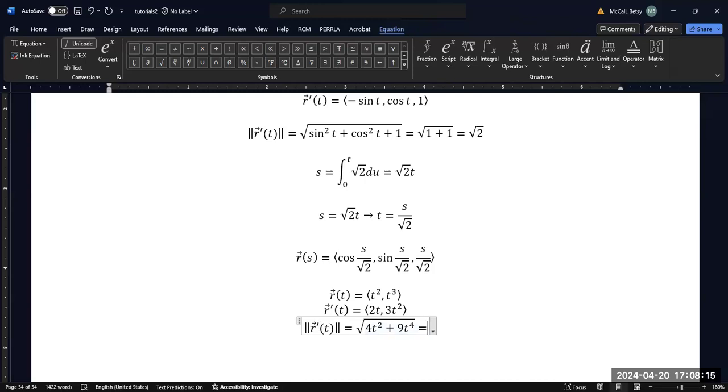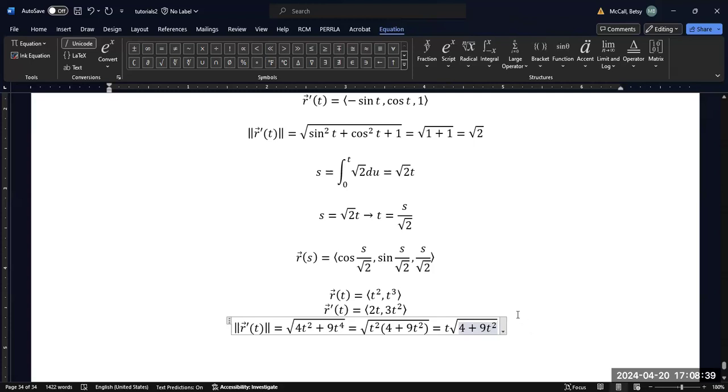I can take a t squared out, and then if I take the square root of the t squared and bring it out front, then I will get 4 plus 9t squared, like so.